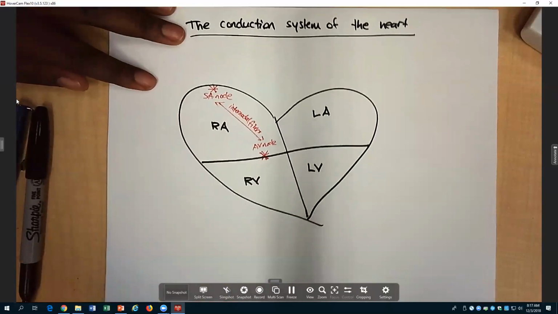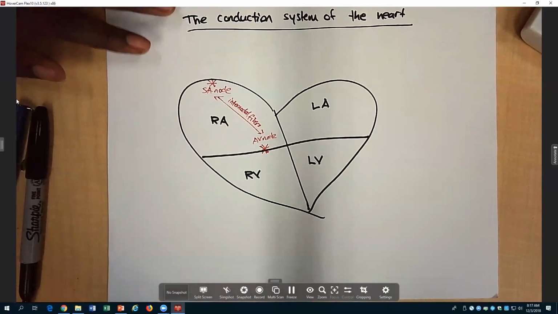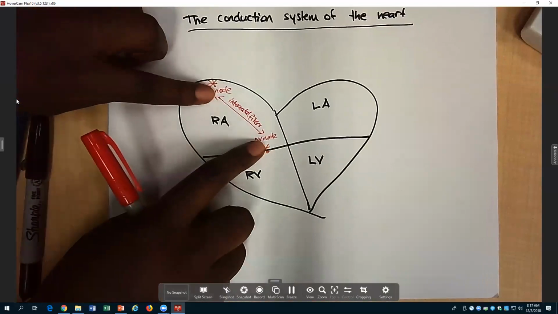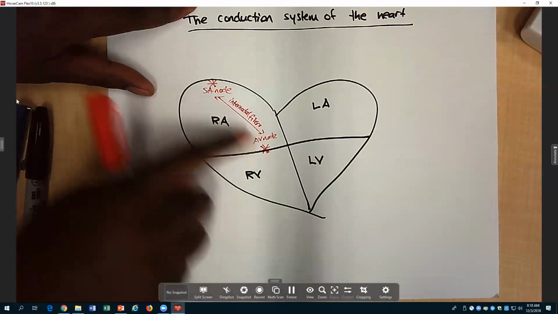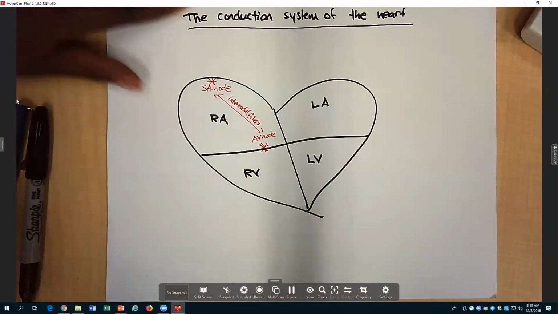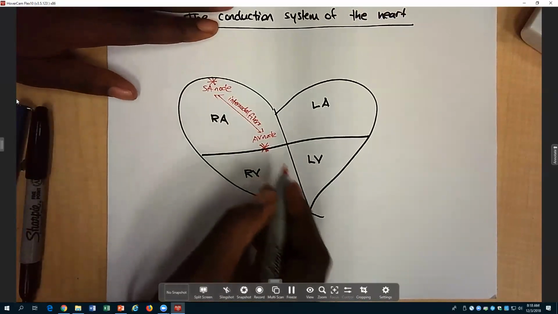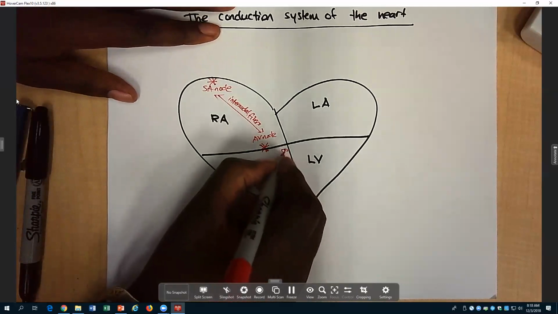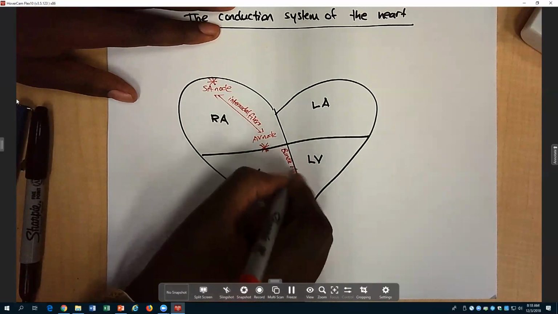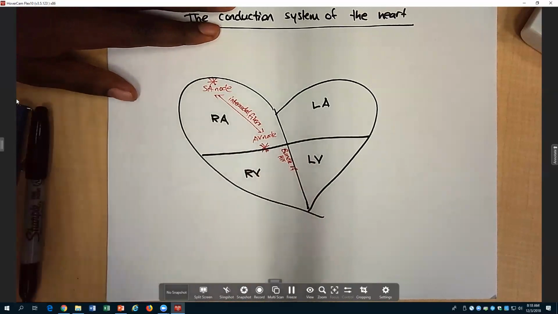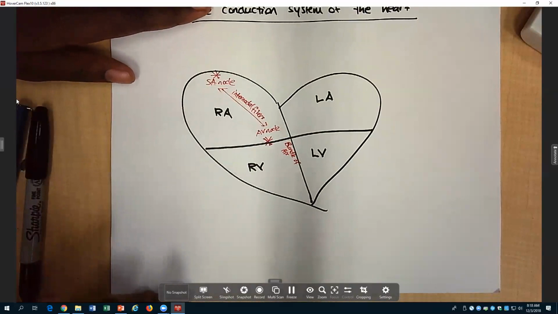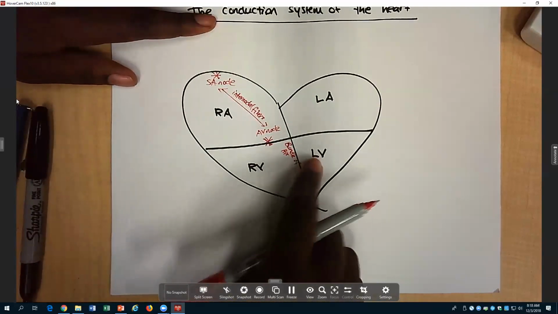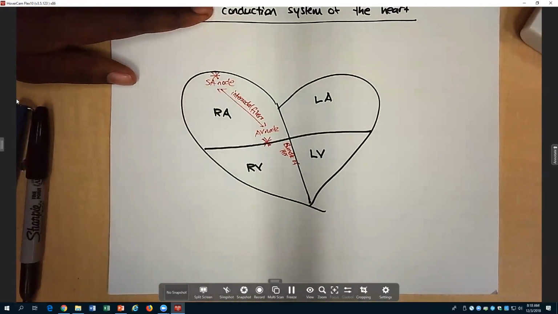So we have our 2 pacemaker cells, and we have conduction fibers in between those 2 pacemaker cells. Now we also have the bundle of His, which is also called the AV bundle. And that's going to be in between the right and left ventricles, right? The bundle of His.